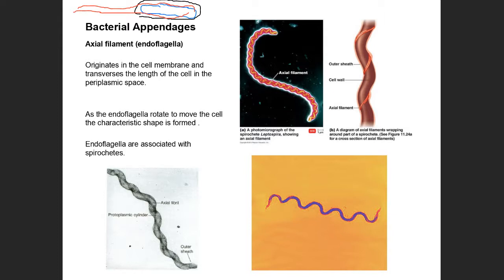If I was to attach that to this image on the lower right-hand side of the screen, you can see the flagella traversing the entire cell and coming out the other end, in that periplasmic space.